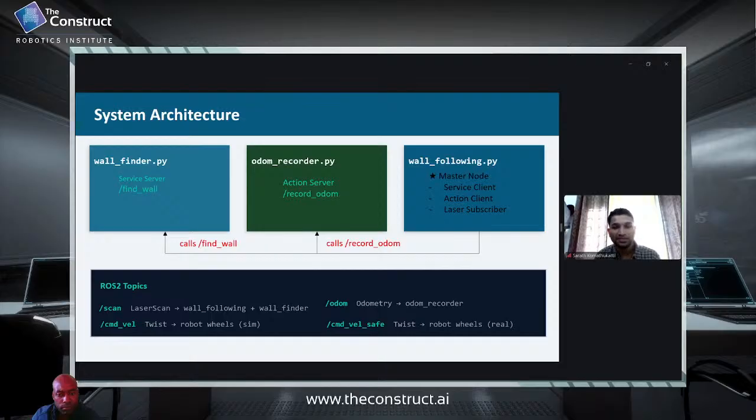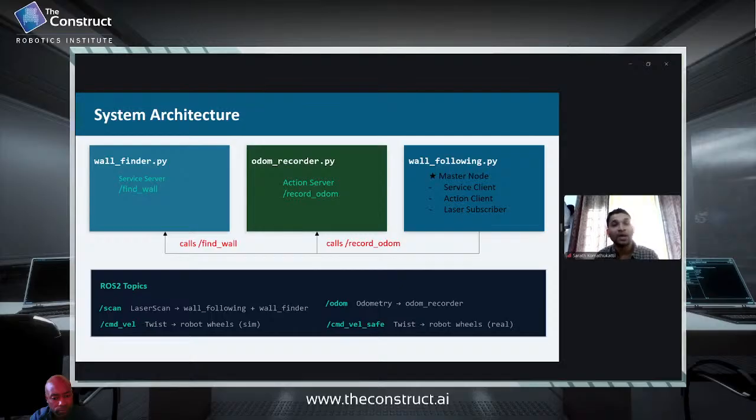It initiates the wall following code with the find wall service. The find wall service aligns the robot in a position, where the wall is on the right-hand side. That's the position it was after. And then the record odom action is initiated.